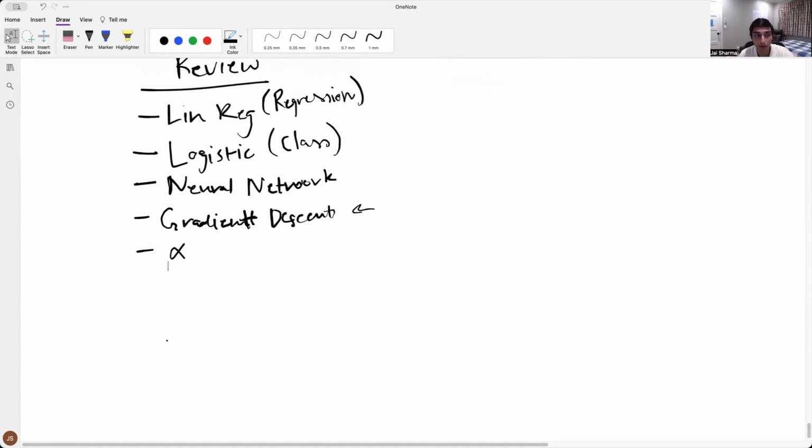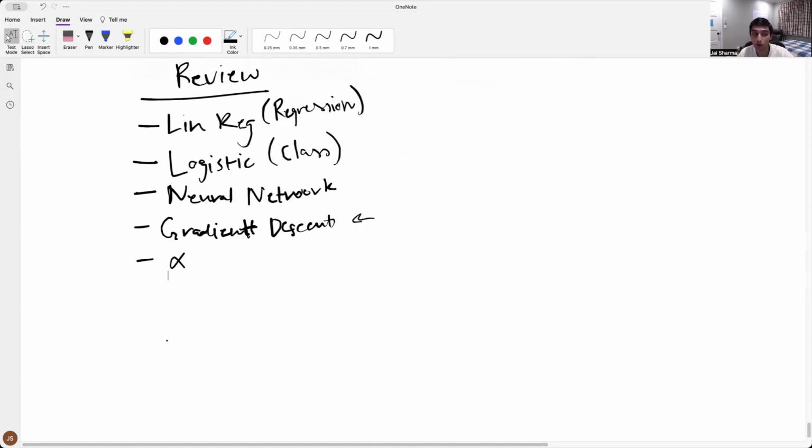And after that we went into more important stuff like vectorization. This was more for treating your data set as a data set as opposed to just individual examples, right?